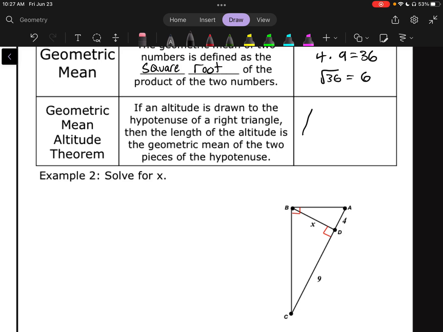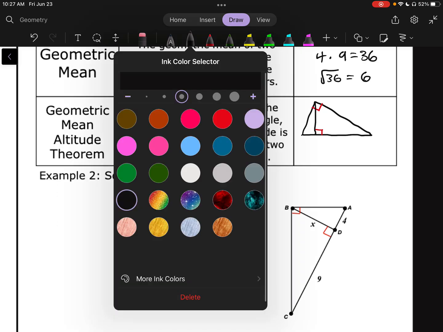Okay. Sounds complicated. Let's draw our similar right triangles again. And so what we're saying is that the altitude there is the geometric mean of the two pieces of the hypotenuse.